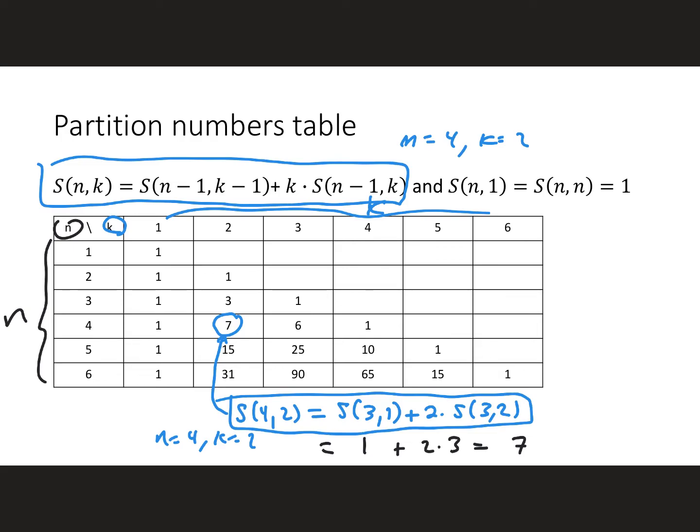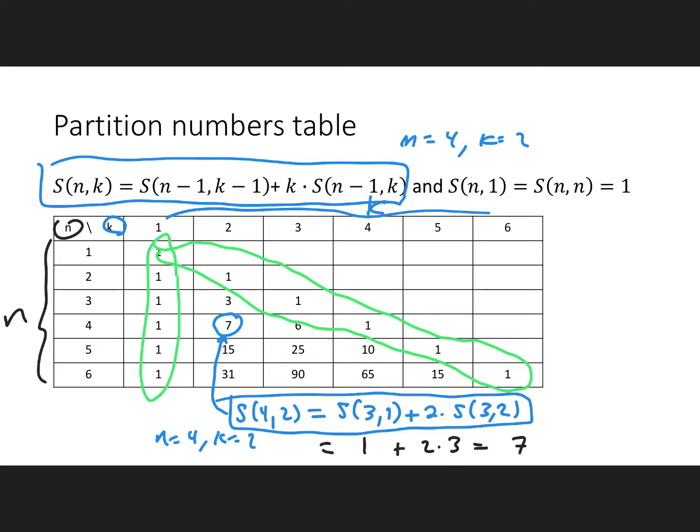So I can extend this table down just like I can with Pascal's triangle. Notice that these initial values over here and down here are kind of silly. The fact that those are always 1, that's an easy thing to see.